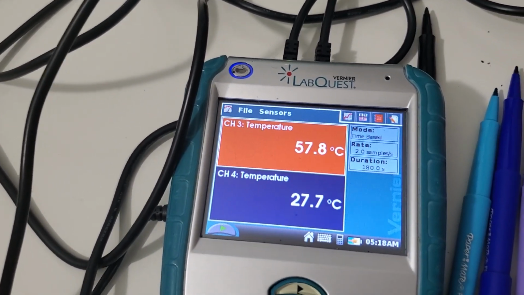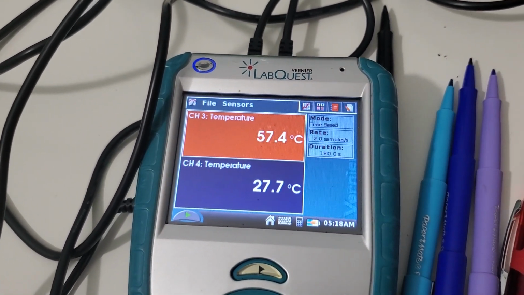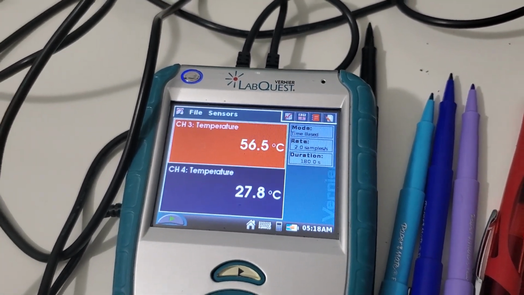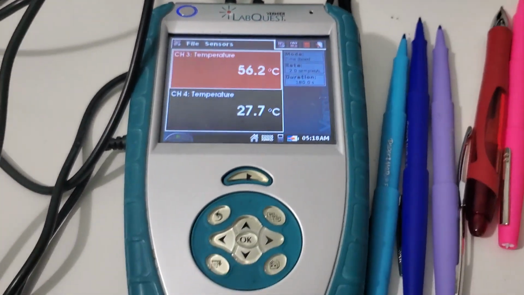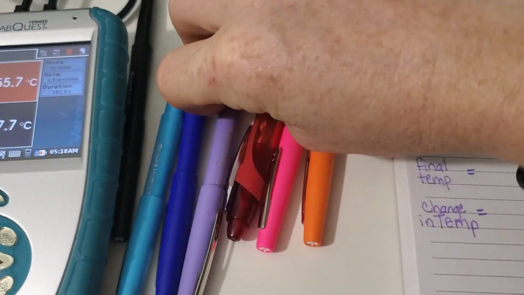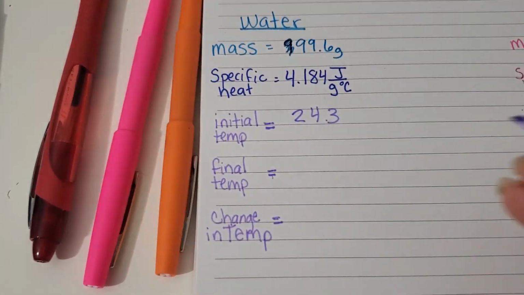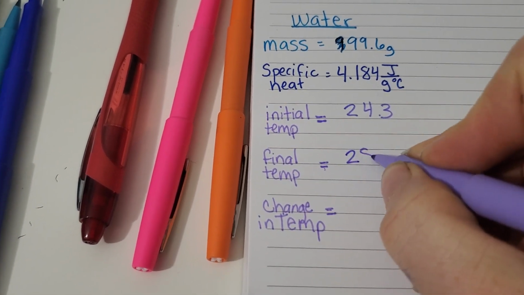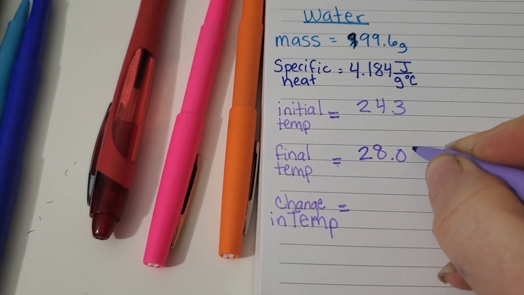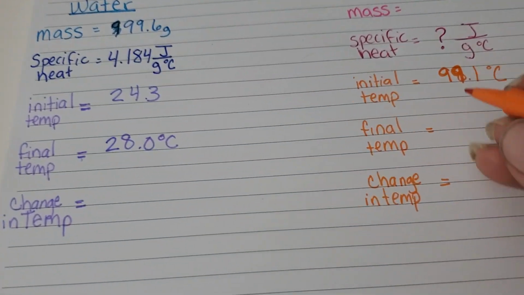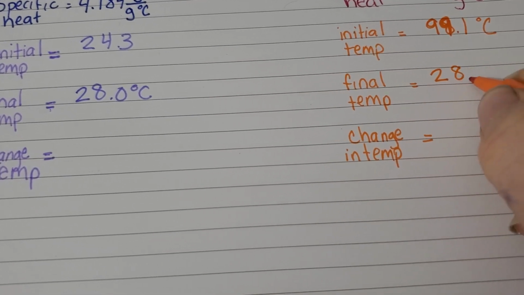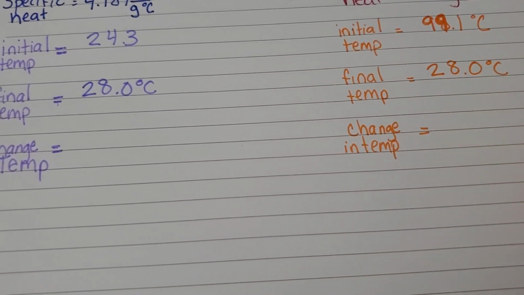And it looks like 28 was where it maxed out at. Alright, so my final temperature was 28.0 degrees Celsius. And that's also the final temperature of the metal, 28.0 degrees Celsius.